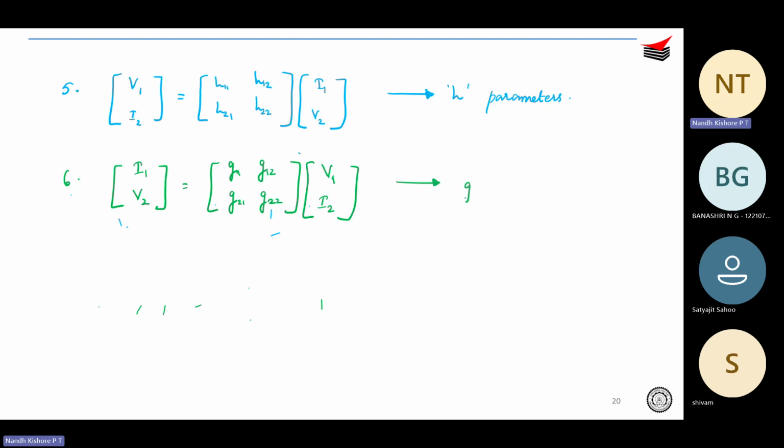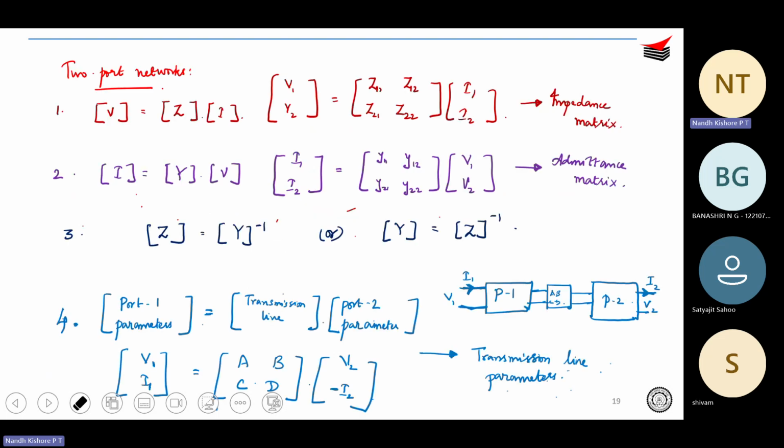So these are your G parameters. Okay, so we will be solving problems on these mostly.